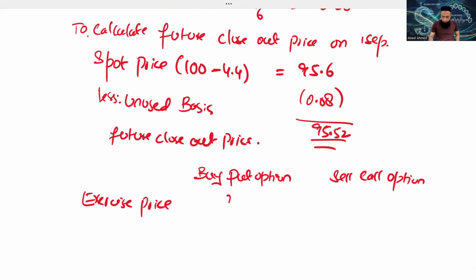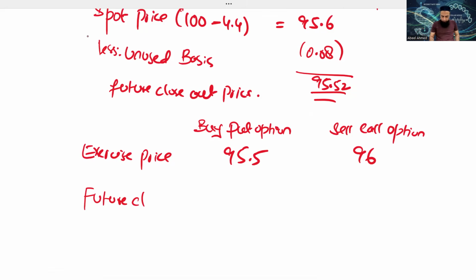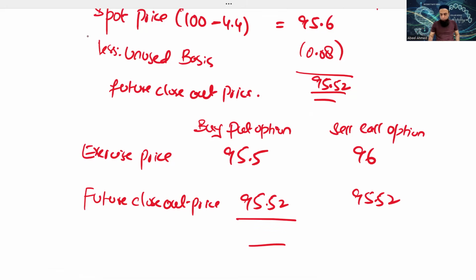Exercise prices are 95.5 and 96. We'll compare these exercise prices with the future closeout price, 95.52.